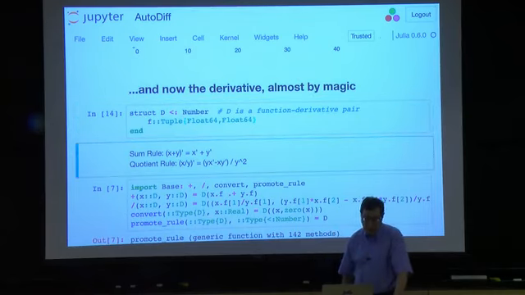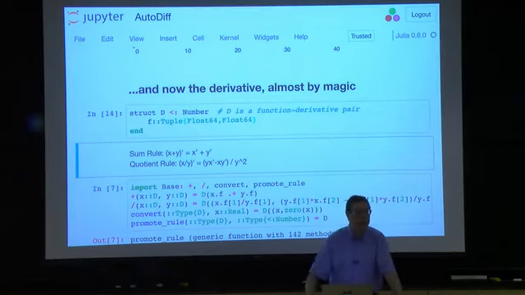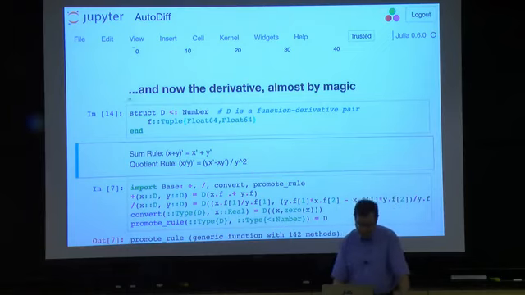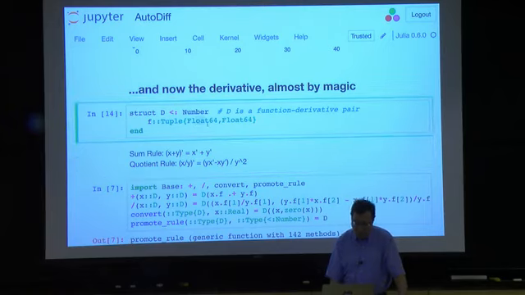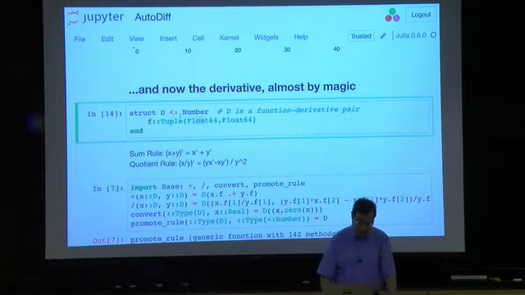I'm going to call it D for a dual number, which is a name that goes back at least a century, maybe more. I'm going to create a D type, and all this is a pair of floats. So it's a tuple with a pair of floats. It's going to be some sort of numerical function and derivative pair. So 3 of my 8 lines is to create a D.